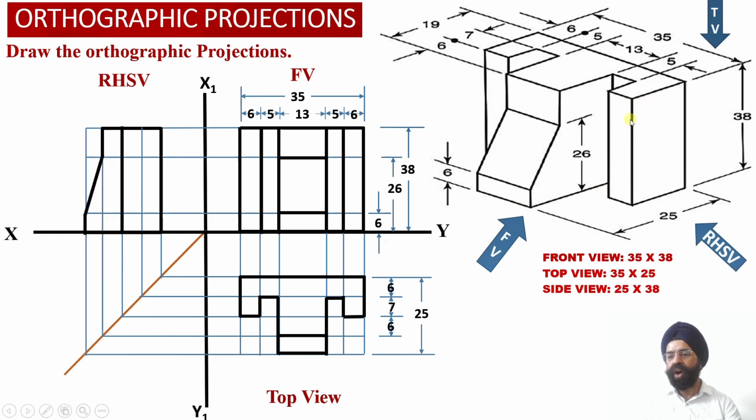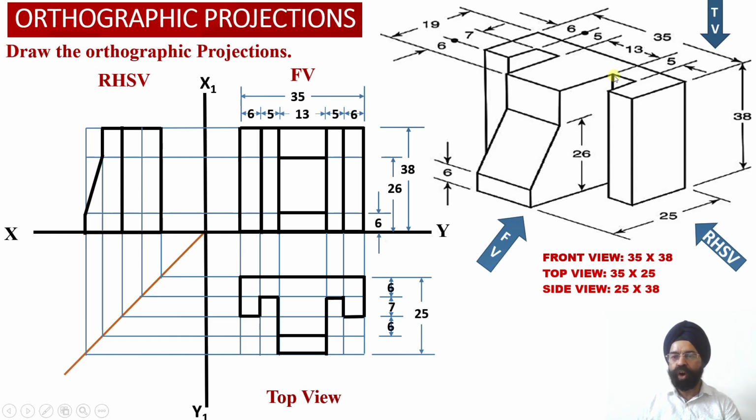Another thing, corresponding to this element number 4 over here, we are able to observe the true shape projection of this vertical web, which is perpendicular to the front face of the solid. So this vertical web will be projected as a true shape into the right hand side view projections over here.